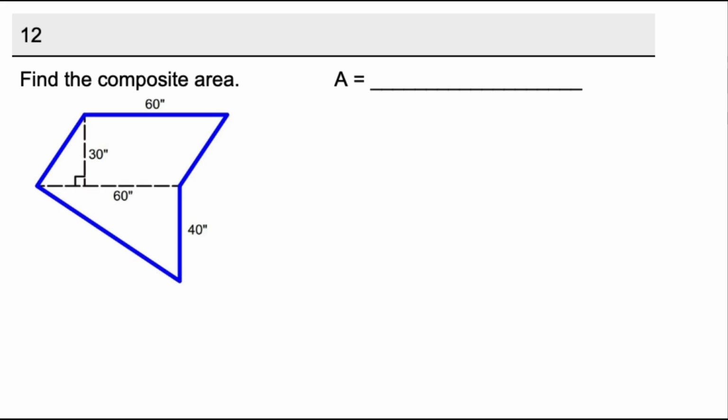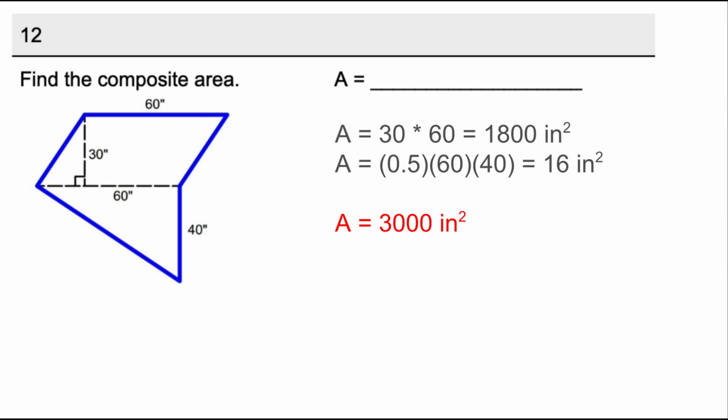So to find the area of the parallelogram, we have base times height, so 60 times 30 for 1,800 inches squared. And the area of the triangle is 1/2 base times height, so 1/2 times 60 times 40, which gives us 1,600.